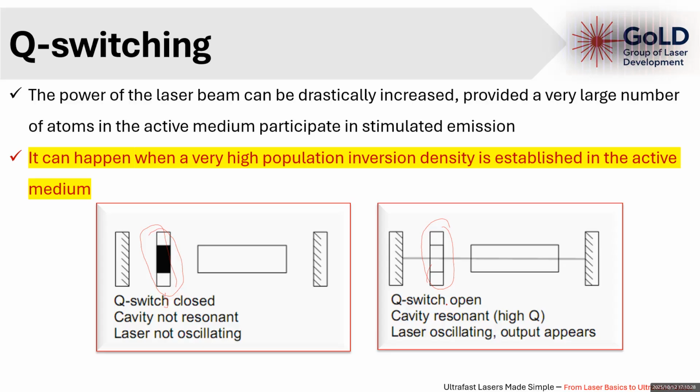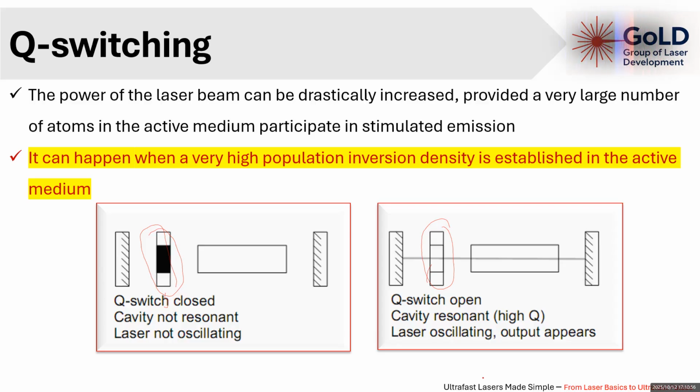When it is open, the light is passing through and the photons are oscillating in the cavity. If the switch is closed, there is no light oscillation, but there is a pump and a population inversion. All the other processes are going on; only the cavity is blocked.